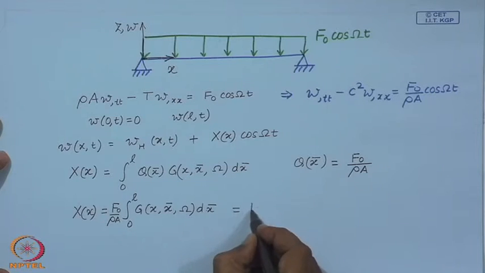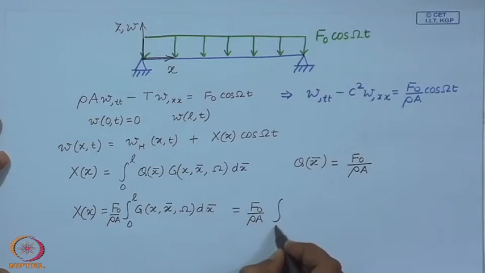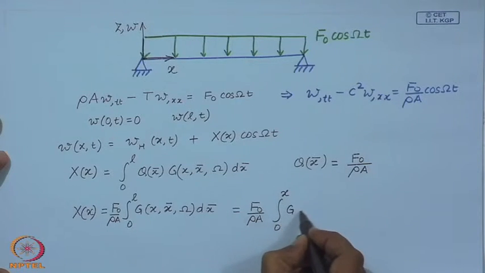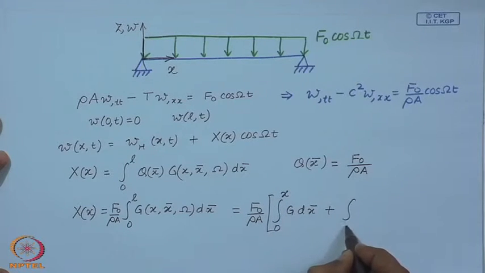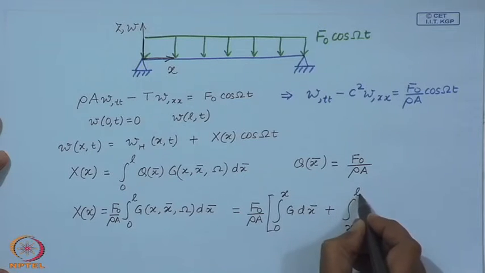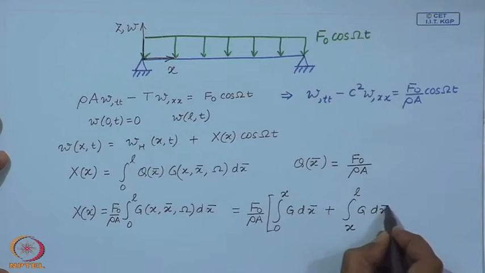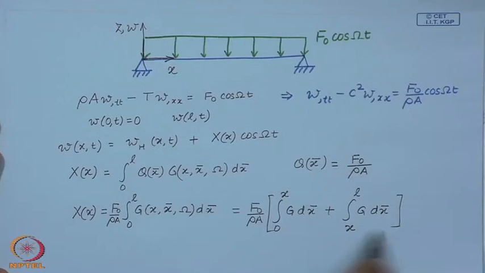So, x bar, which must go from 0 to L, can be broken up into x bar going from 0 to x and from x to L. So, we are going to actually perform these two integrals.